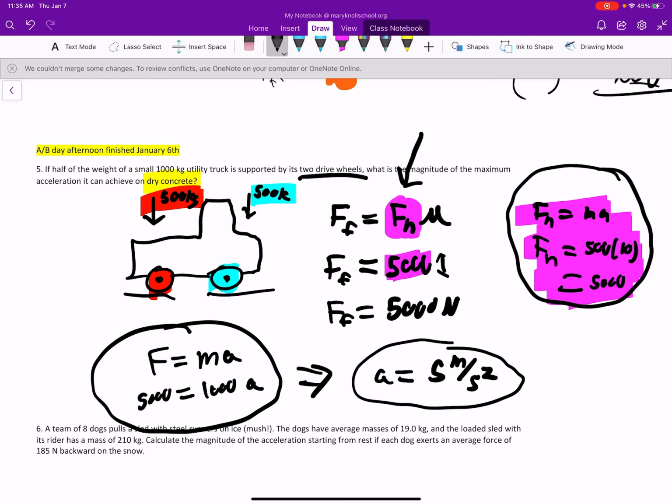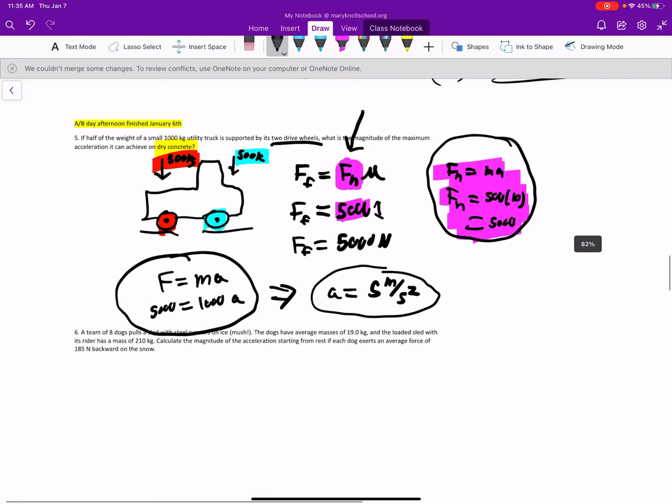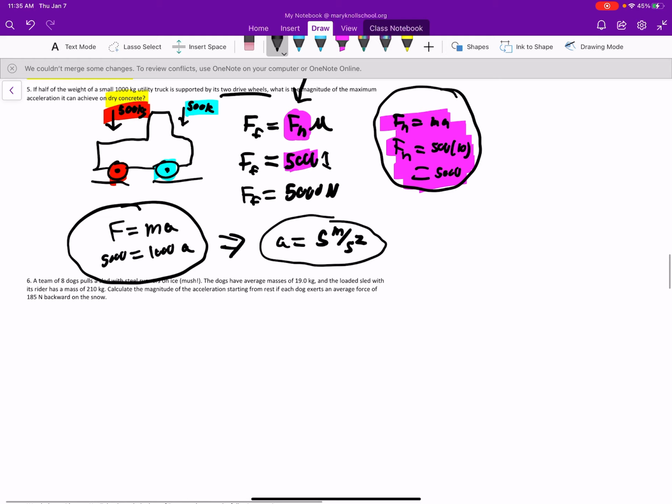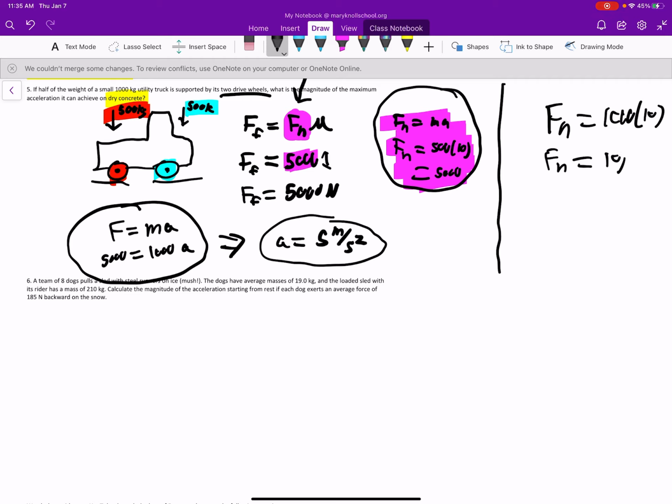Now I think this is really interesting, because if we have all the wheels accelerating, we can sort that out real quick if you want. Force normal is going to be 1,000 kilograms multiplied by acceleration due to gravity, which is 10. So the force normal would be 10,000.